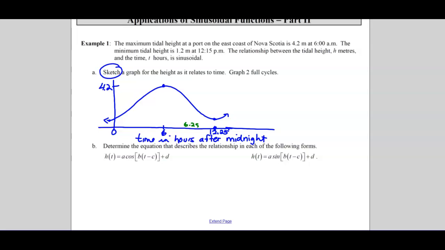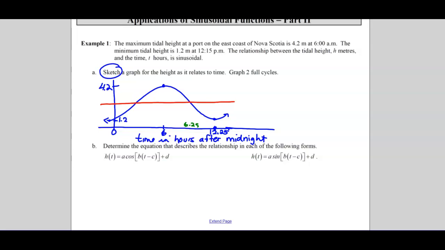So let's think about where our midline is going to be. Remember, this value here was 1.2. That's 4.2. So my midline is going to be about there. 5.7. Did you say 5.7? Okay, so 5.7 is way up here.